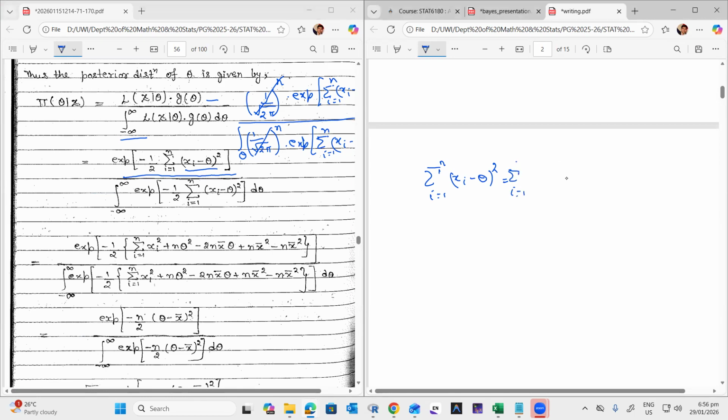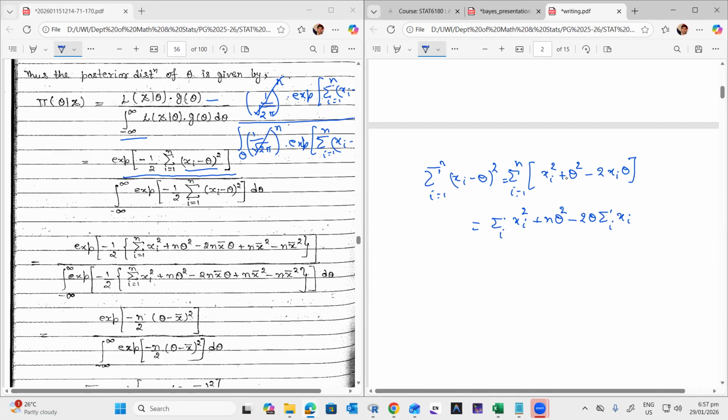Summation i goes from 1 to n, it will be xi square plus theta square minus 2 xi theta. Now take the summation inside the bracket. So it will be summation over the range of i of xi square. When you apply the summation on theta square, it becomes n theta square, minus 2 theta summation over the range of i of xi.